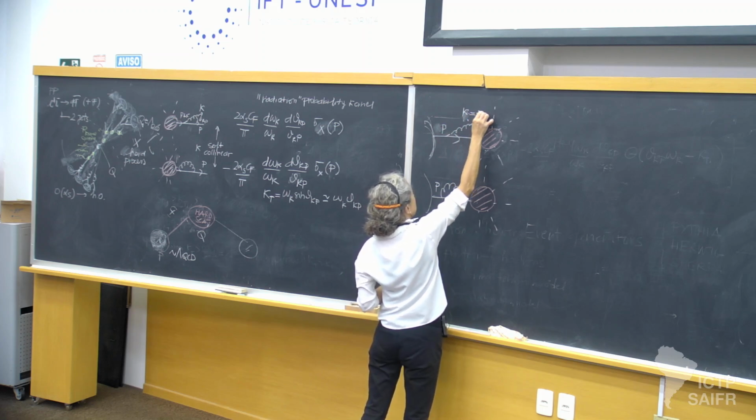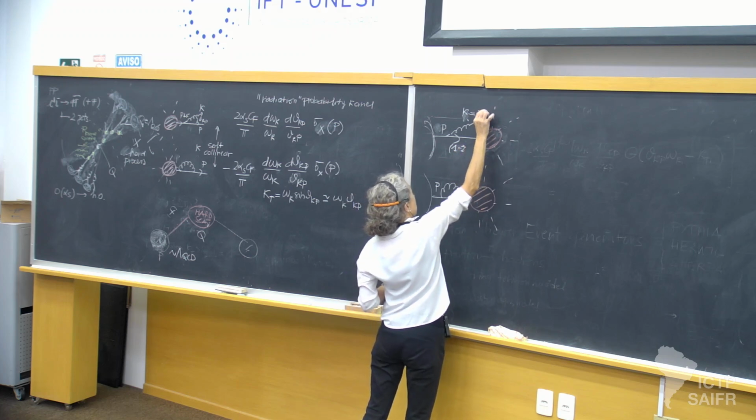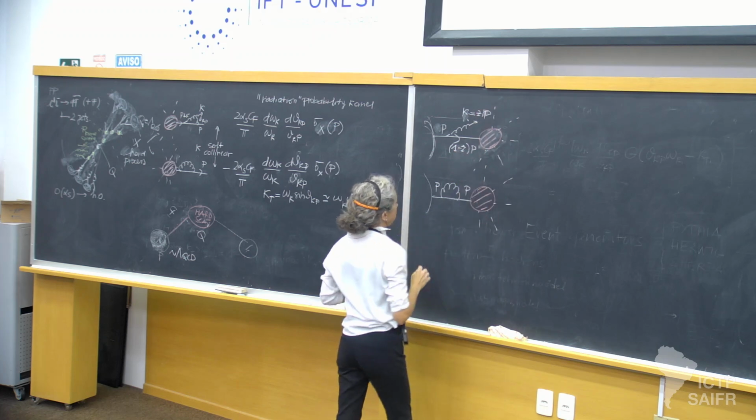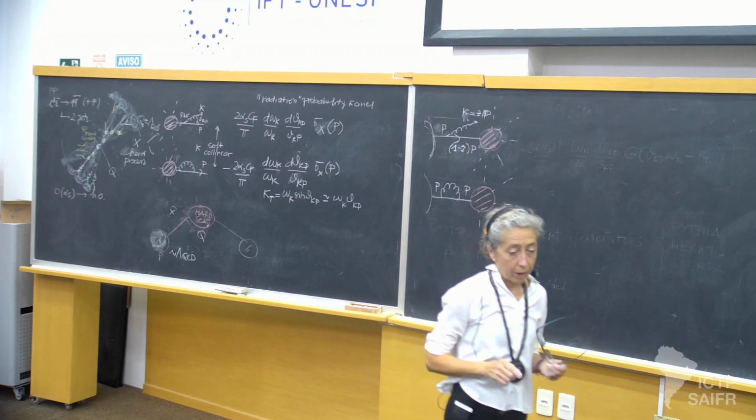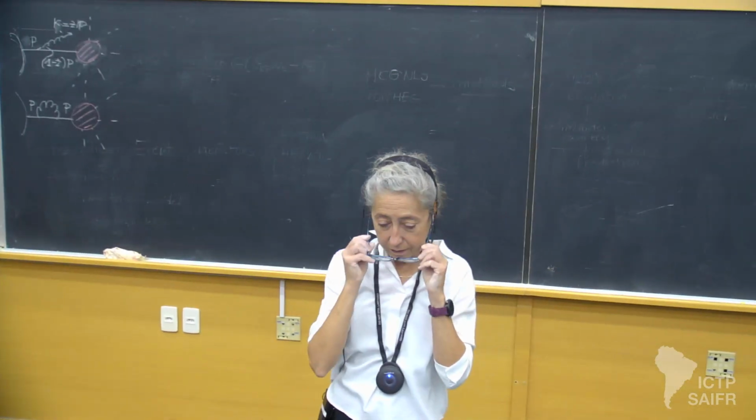Let me call this z. And the remaining here will be 1 minus z times P, right?